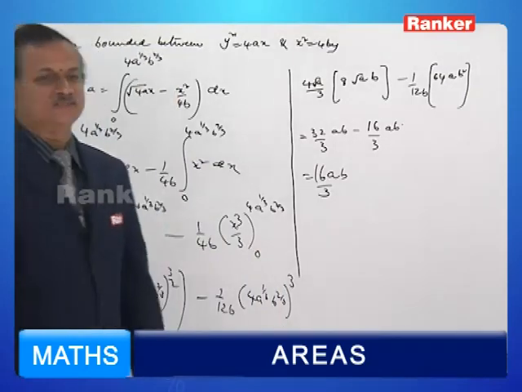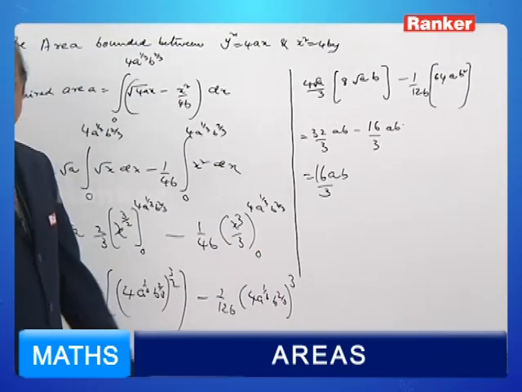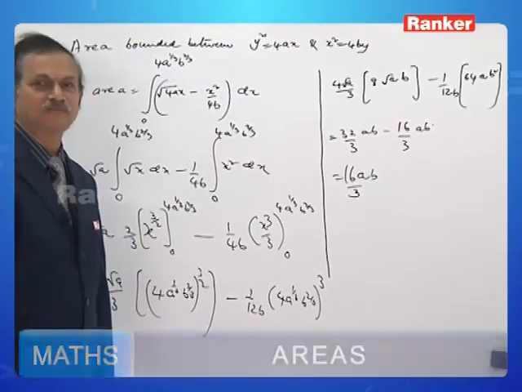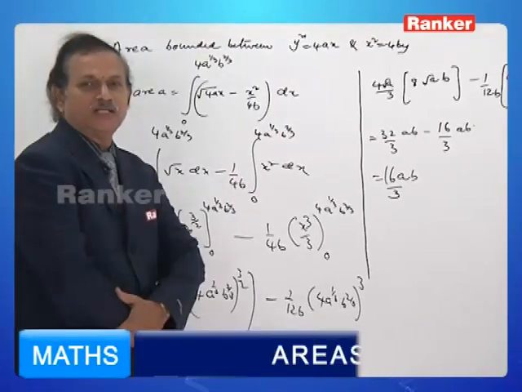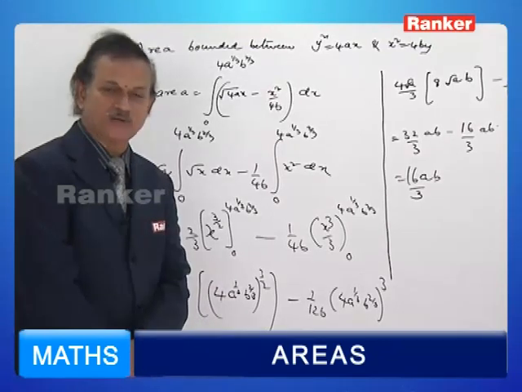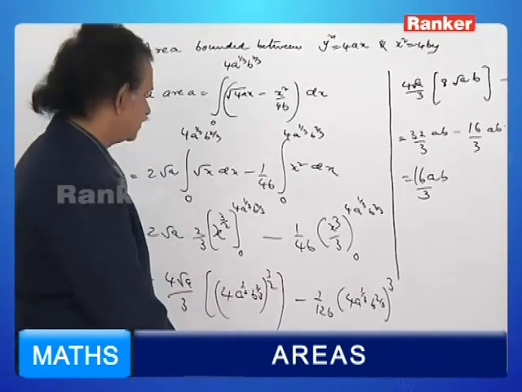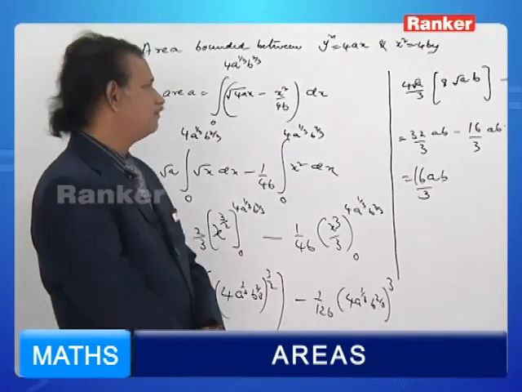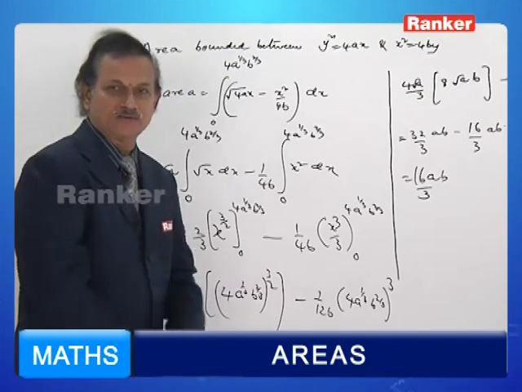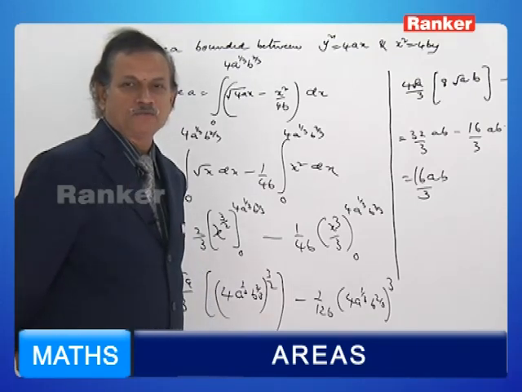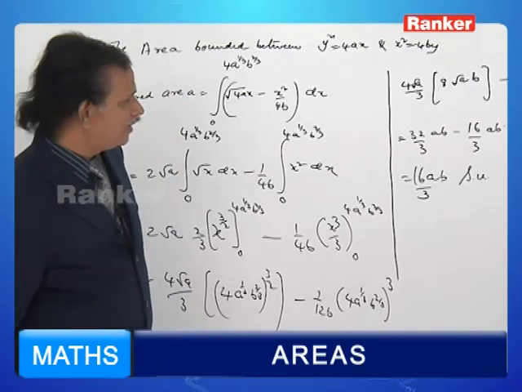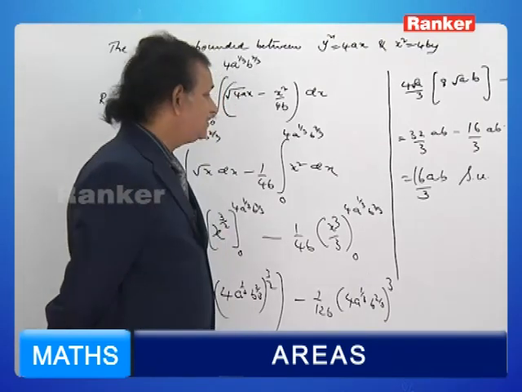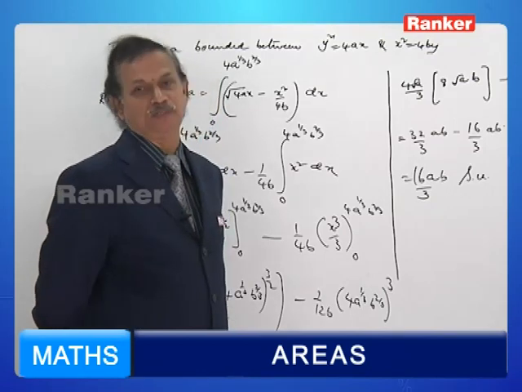That is the answer, the famous answer. The area bounded between the two parabolas x square is equal to 4ay and y square is equal to 4bx is just 16ab by 3 square units. Why is it so important and popular?